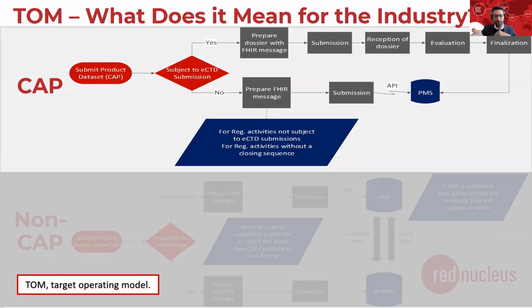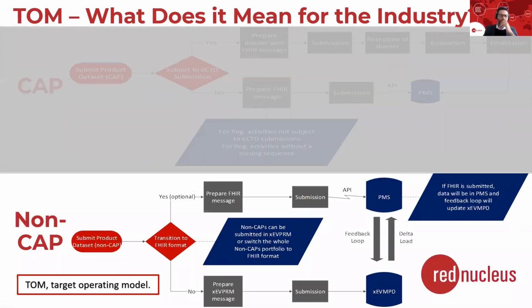When it comes to the non-CAP, the process is not very different, but as I mentioned earlier, the MAH can choose not to transition to the FHIR format. Instead, they can continue using the current XEVMPD process. But if you do decide to transition to FHIR for all your registrations, which is the CAP and non-CAP, the MAH will have to create the FHIR message and then submit via API after your submission is approved.